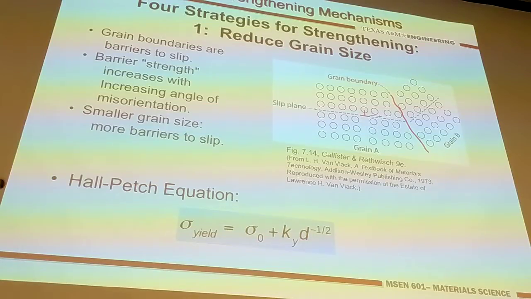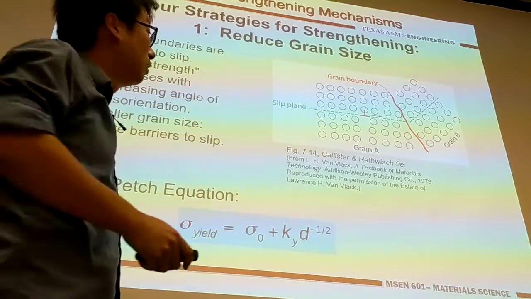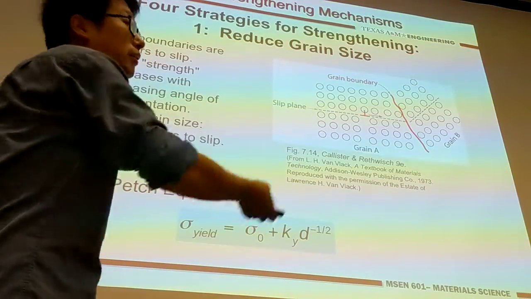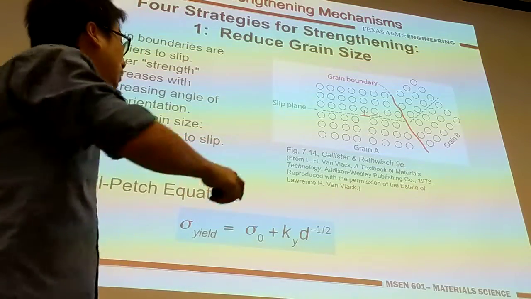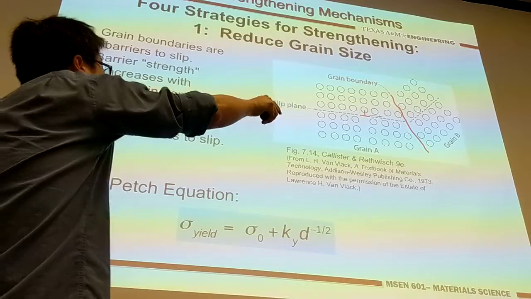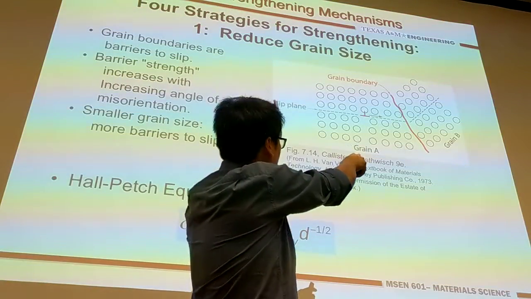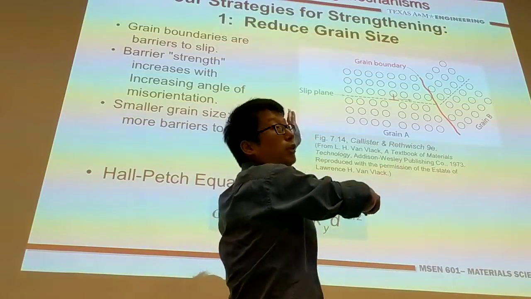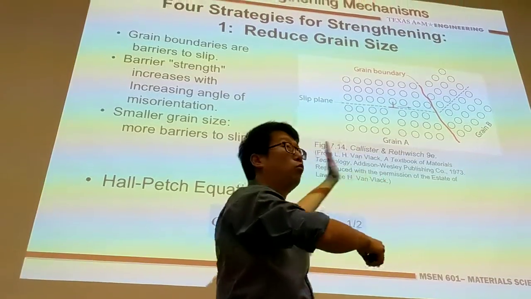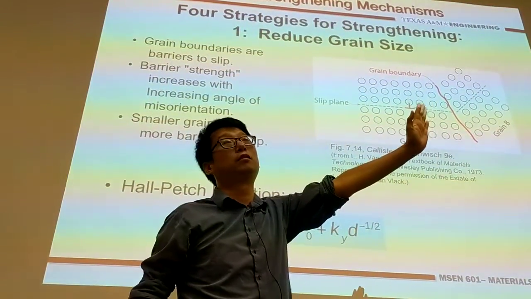For example, this is one grain, this is another grain, okay? Of course, in realistic metals, you have a lot of grains. And what happens is that if you think of dislocation, a dislocation is a half atomic plane in the bulk, moving under shear, moving inside the bulk from one side to the other, for example.